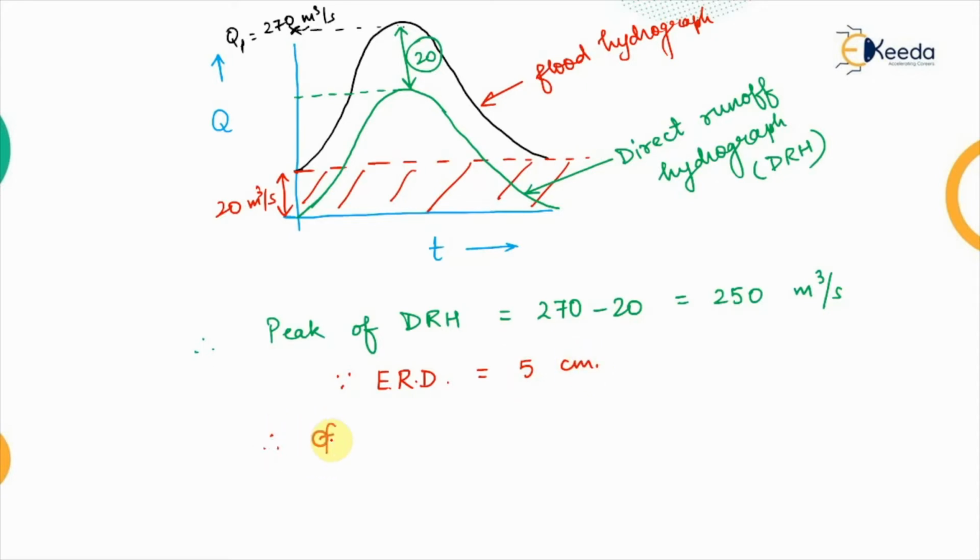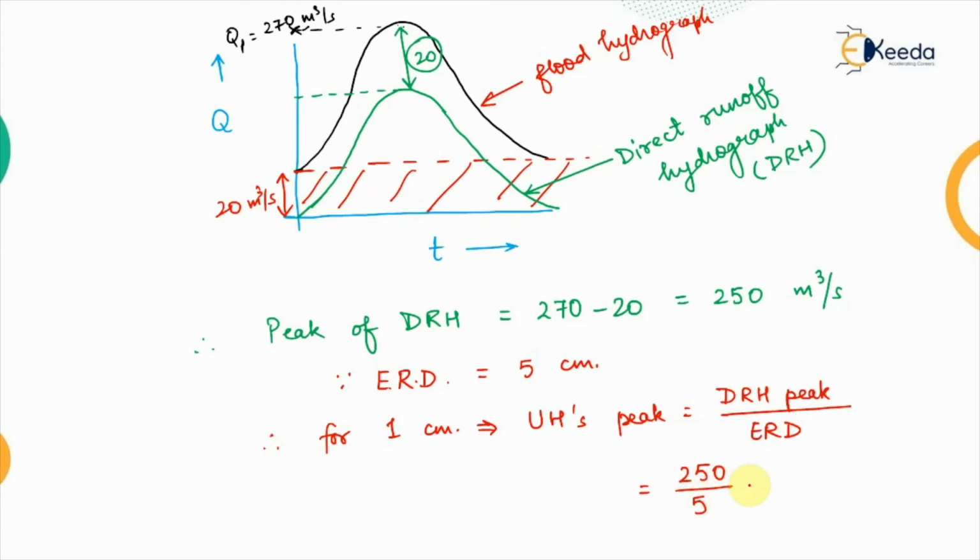Therefore, for 1 centimeter we will be getting the unit hydrograph, and the unit hydrograph's peak will be equal to the DRH peak divided by the effective rainfall depth. So the DRH peak, which is for 5 centimeter, is 250.